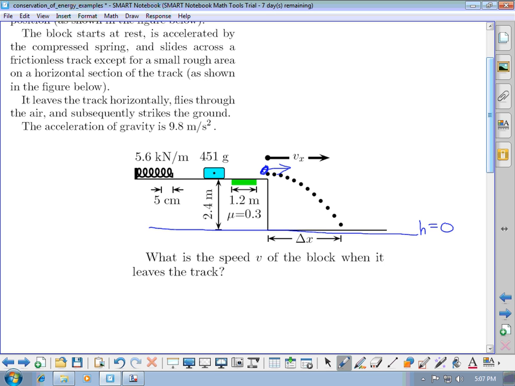And so if I wanted to, I could make the gravitational potential energy 0 at that point. But because most people usually would take the lowest point to be where the gravitational potential energy is 0, I'm going to include both types of potential energy and show that the gravitational potential energy just subtracts out. Something that's important is this mass right here is given in grams, so that needs to be 0.451 kilograms.